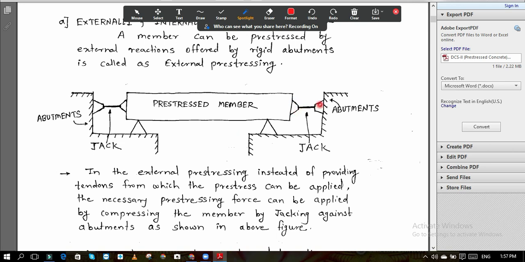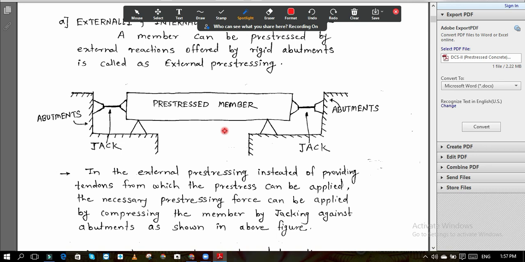This is the jack assembly. This is the abutment. This is also an abutment, and this is the jack, and this beam is supported over here. This type of assembly is there while externally pre-stressing the beam.